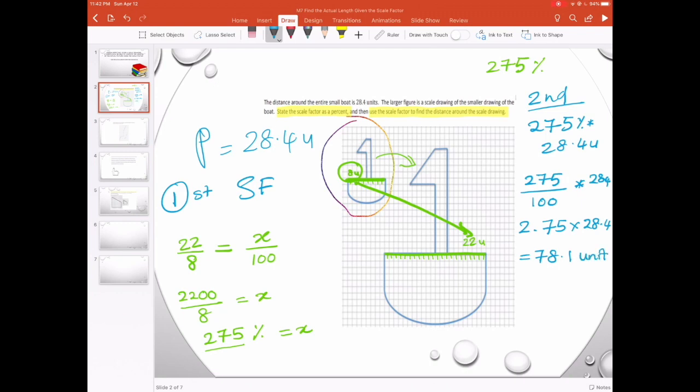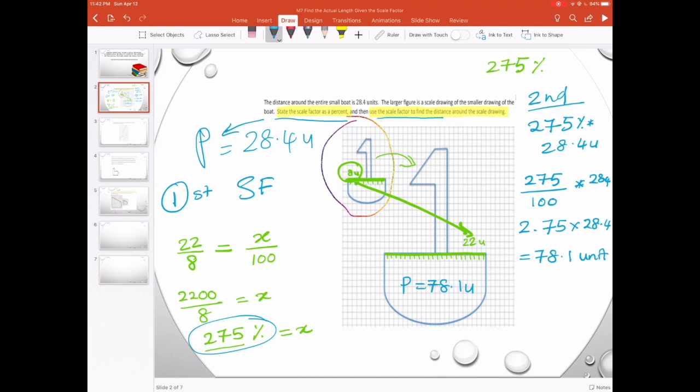So what did we just find? That's the first step, the scale factor as a percent, and then we use the scale factor to find the distance, which is the perimeter. So we found P is equal to 78 and 1/10 units for the larger scale drawing.